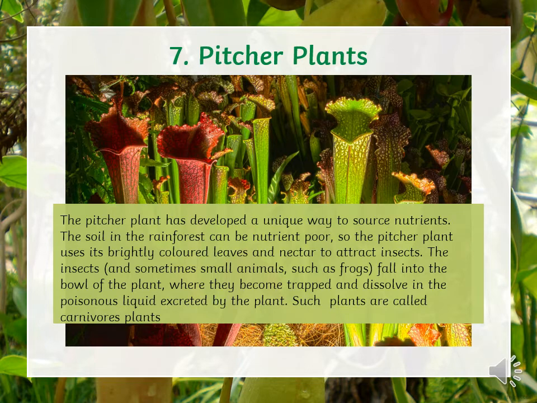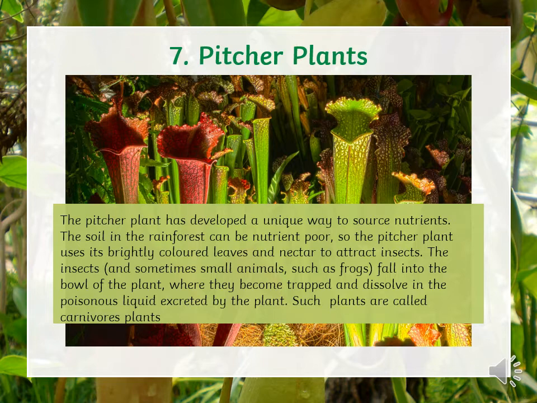The soil in the rainforest can be nutrient poor because there are so many plants there that it's not enough for all the plants. So some plants have developed a different way of eating. So what do pitcher plants do? The pitcher plant uses its brightly colored leaves and nectar to attract insects.